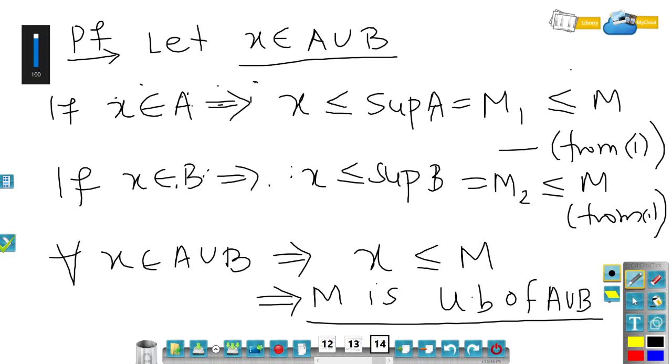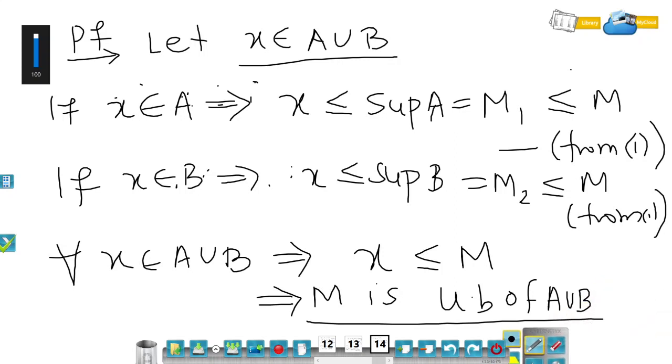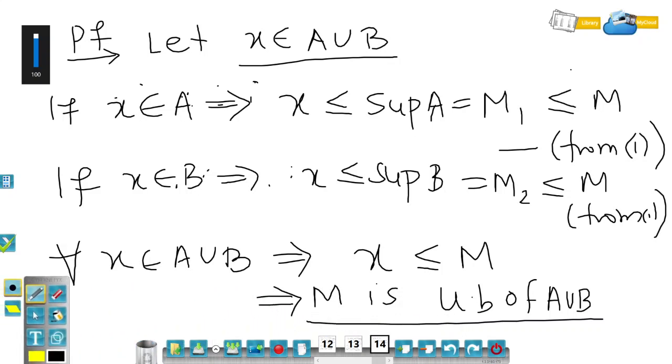Let me call this star. Now the double star statement will be: if K is any upper bound, then M is less than or equal to K. From star and double star I will say that M is the least upper bound of A union B.